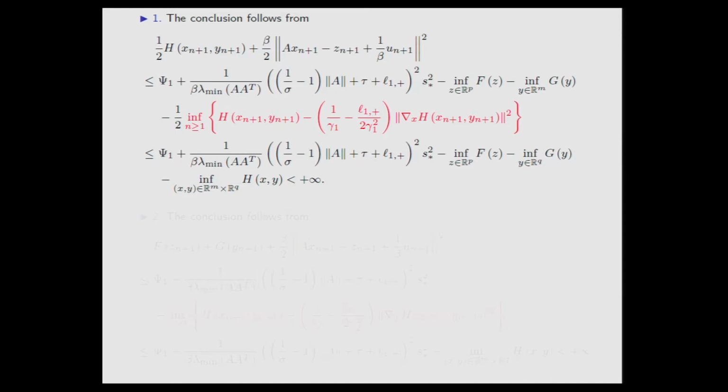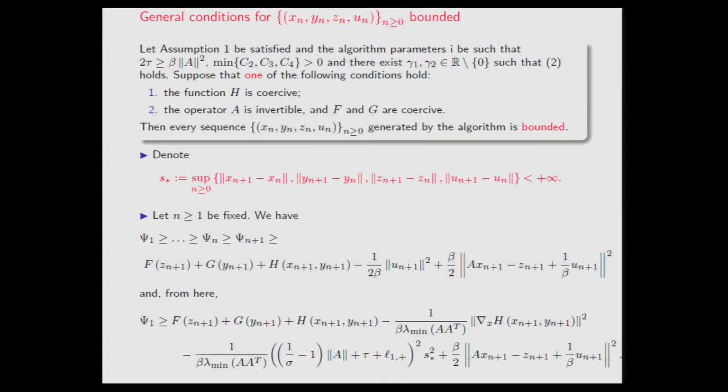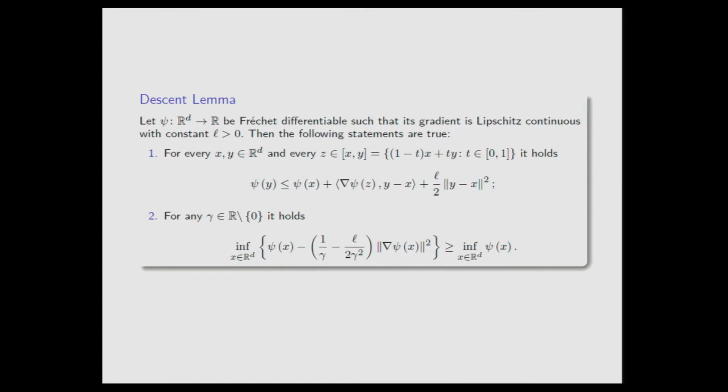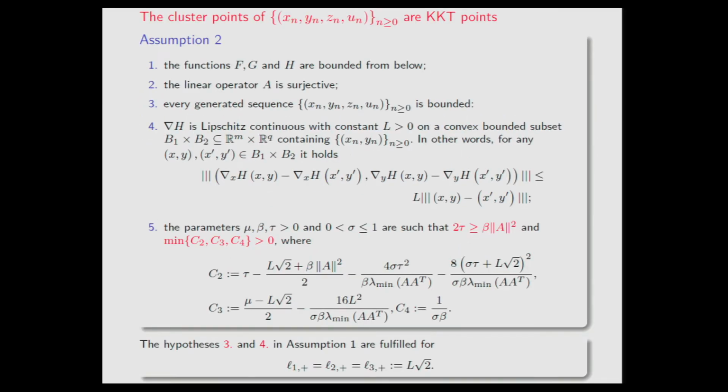And this is the place where I use that I have such a gamma 1 such that this difference is equal to this term. Why is it important to have such a term? Since for this difference, I know that this infimum is finite. This is a consequence of the descent lemma. I have an upper bound for this infimum, and this is a real number, and this is why I get that this infimum is finite, and life is good.